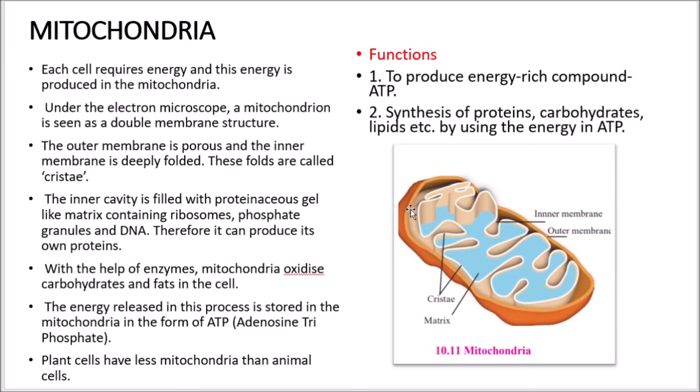So here the outer means the brown colored membrane. You can see here brown colored membranes which have pores on them, like the nucleus we have studied. Okay, and inside it the folded part is there, which contains some enzymes called the matrix. So the outer membrane is a simple membrane, but the inner membrane is the folded membrane.